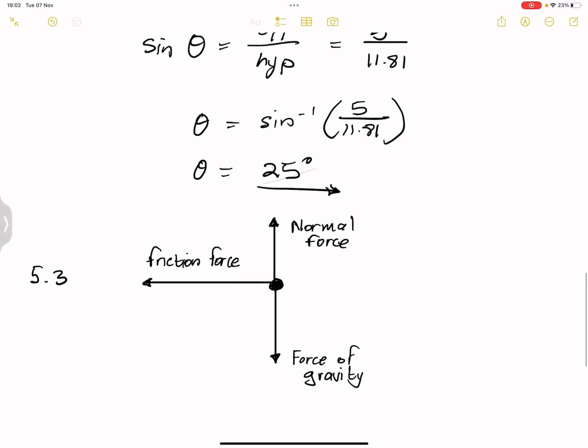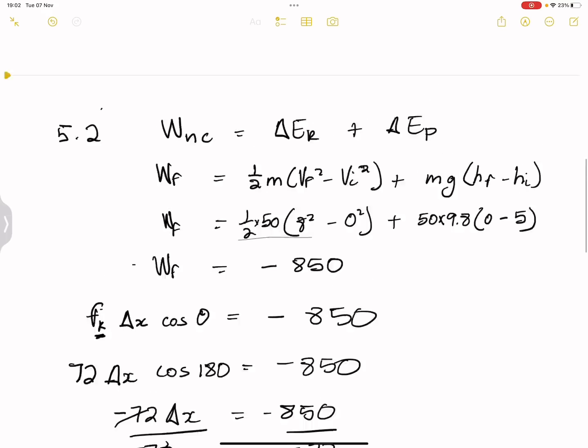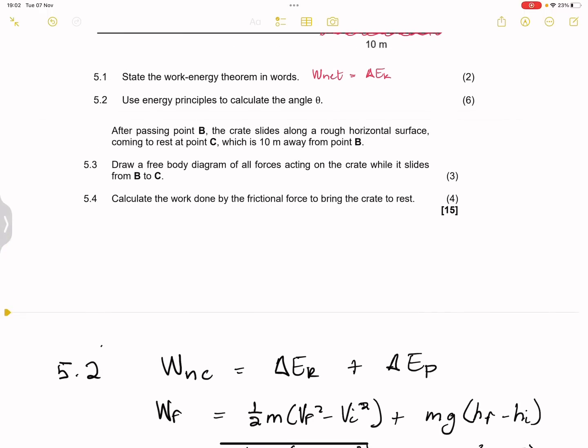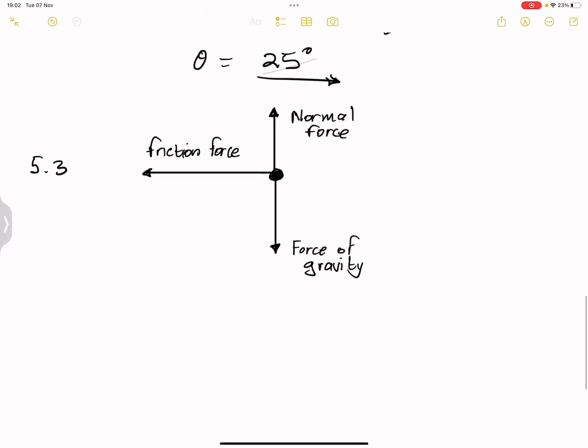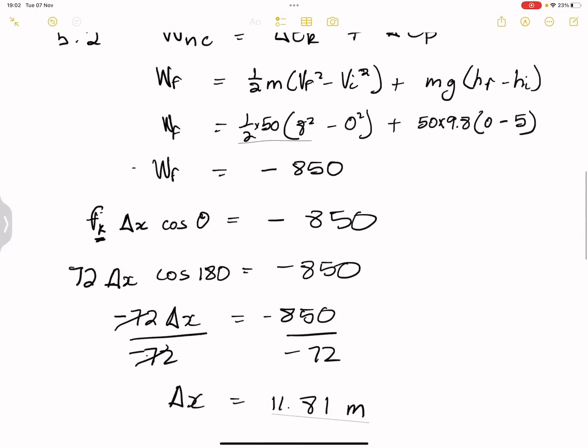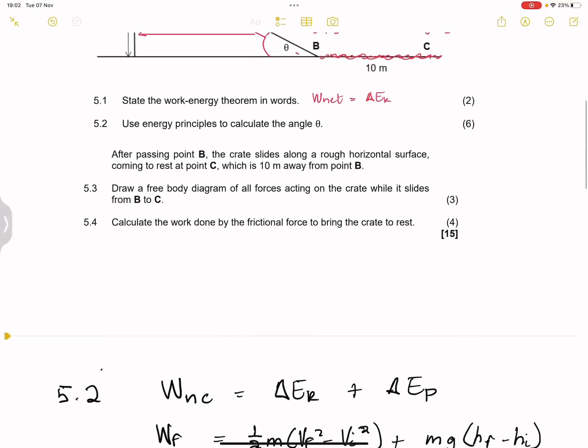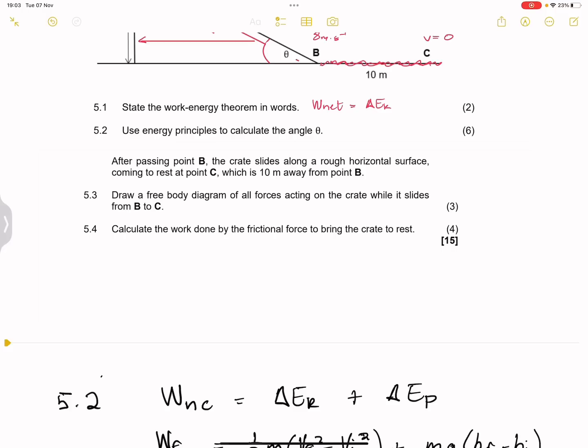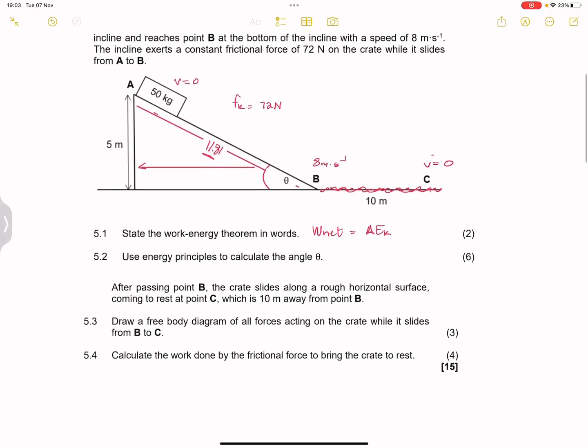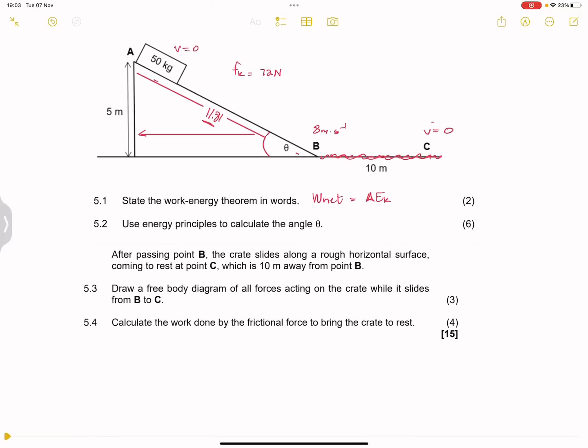Okay, right. Now, the last question, they say to us, calculate the work done by the frictional force to bring the crate to rest. Okay, so now we know that, first of all, we've got friction there, right? But we want the work done by friction, okay? Now, remember that our crate slid from B to C, right? 10 meters.